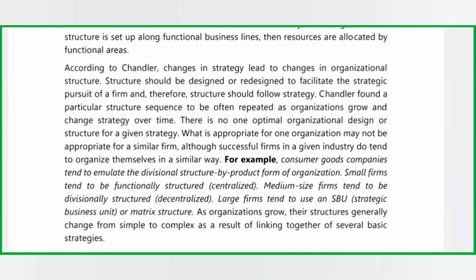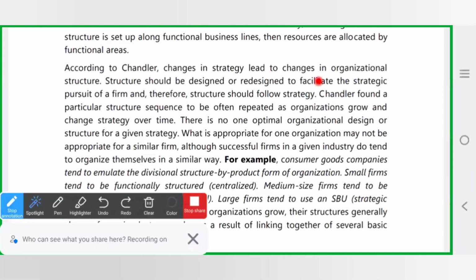This structure should be designed or redesigned to facilitate the strategic pursuit of the firm, and therefore structure should follow strategy. Now, Chandler found a particular structure sequence that is repeated most often, and what is appropriate for one organization may or may not be appropriate for a similar firm, although they are successful.